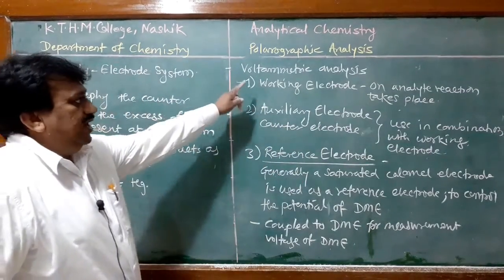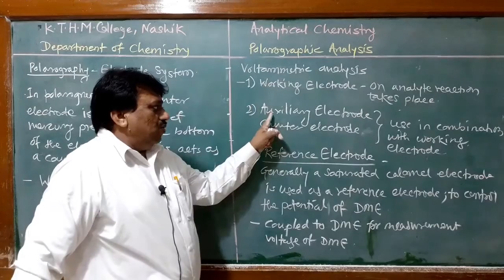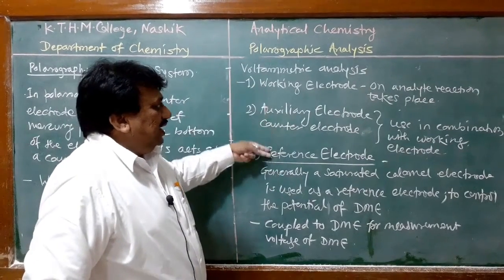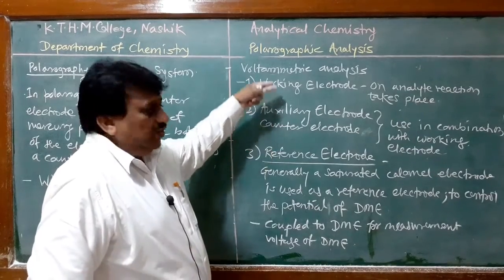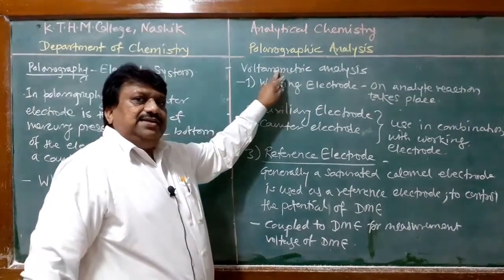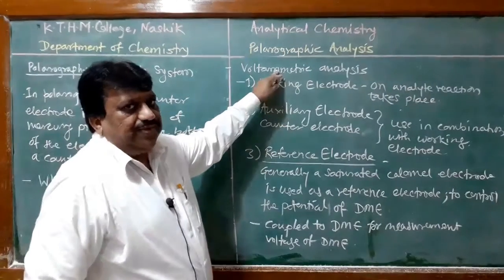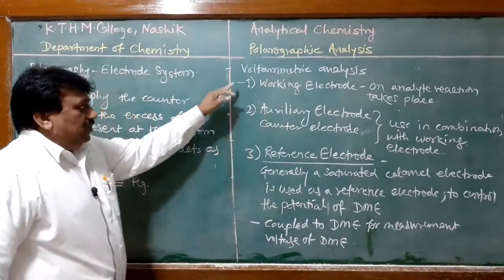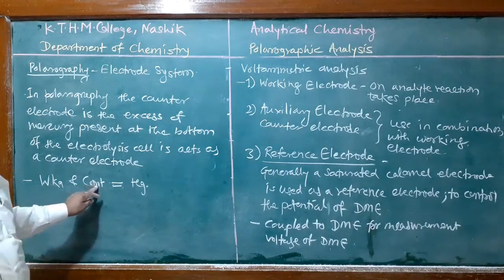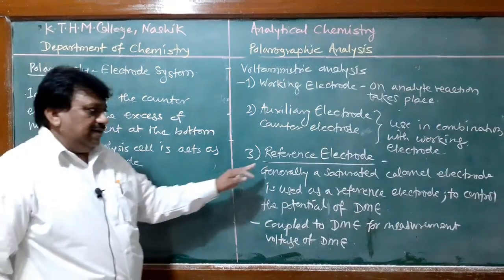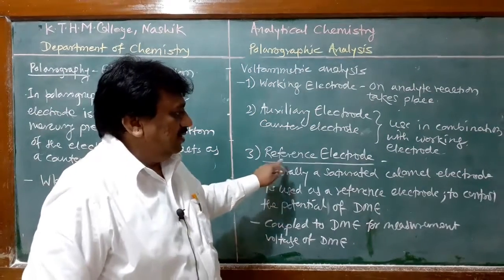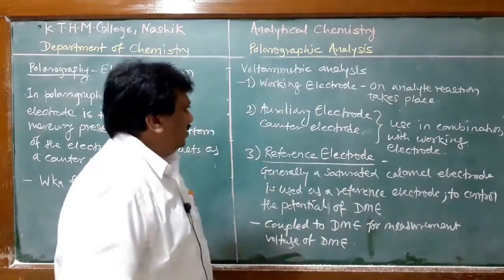Therefore, the working electrode, counter electrode and reference electrode are the three electrodes used in the electrolysis cell of voltammetric analysis as well as polarographic analysis. For polarographic analysis, the working electrode and counter electrode are made up of mercury, and the saturated calomel electrode is used as a reference electrode.